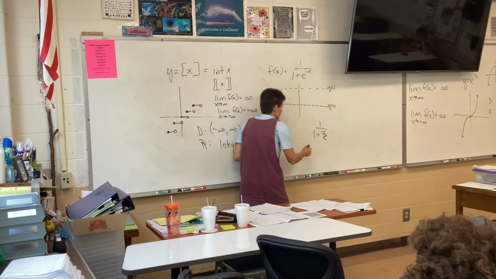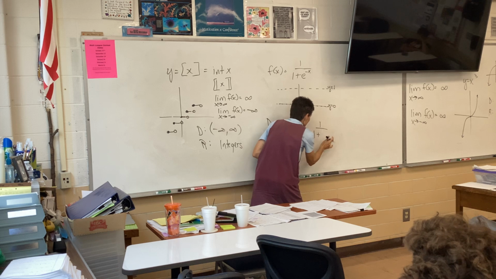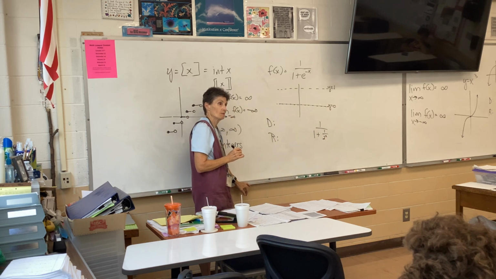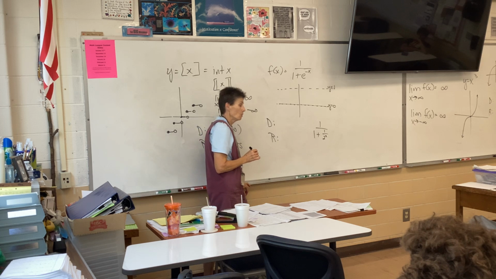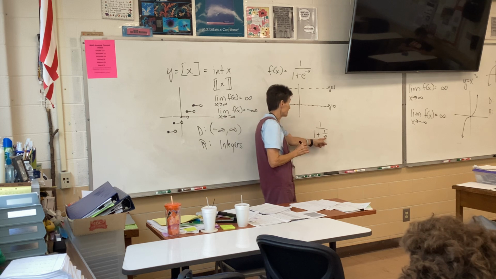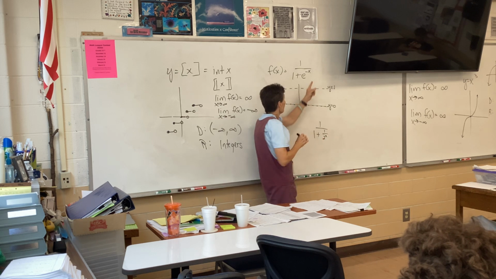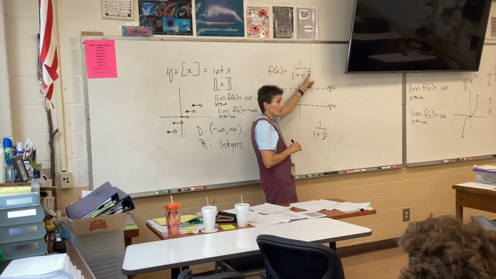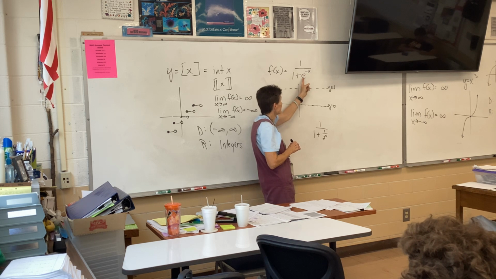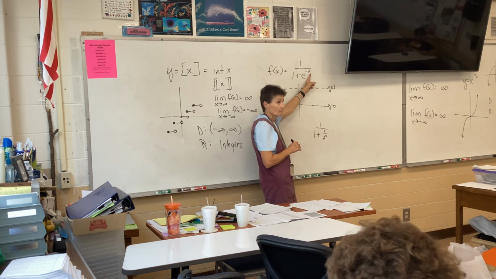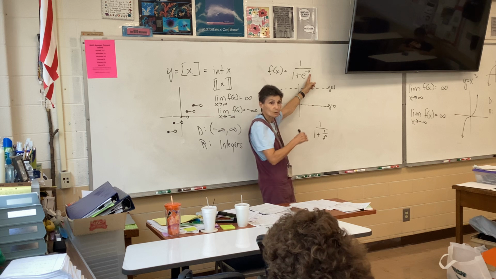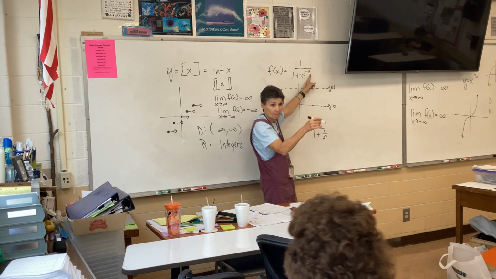Now, what happens as x gets really, really small? Go back to the original. What happens if x is negative? Then this becomes e to the x, and e to the x, 2 to the x, gets bigger and bigger.